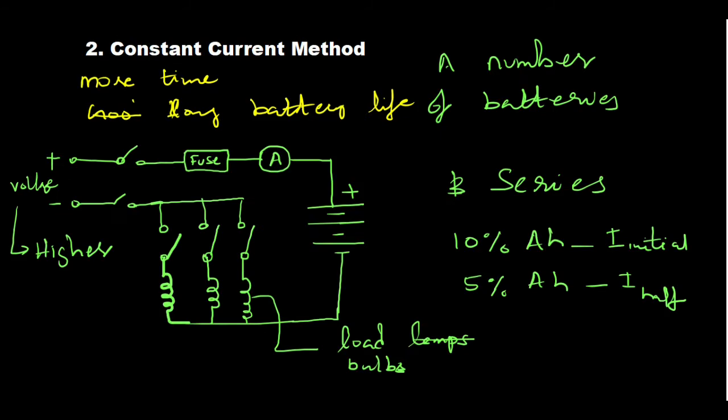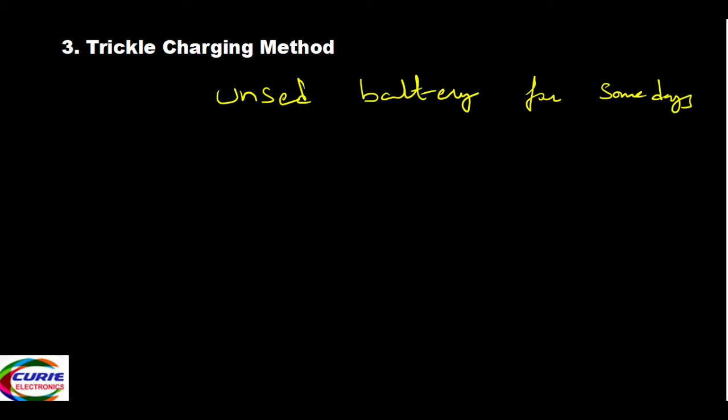Okay, now we have to see what is the trickle charging method. There is one more method called the trickle charging method. Sometimes we won't use the battery for a long time, some days. If we won't use the battery for a month or something, then it won't get charged easily. Then we use trickle charging.